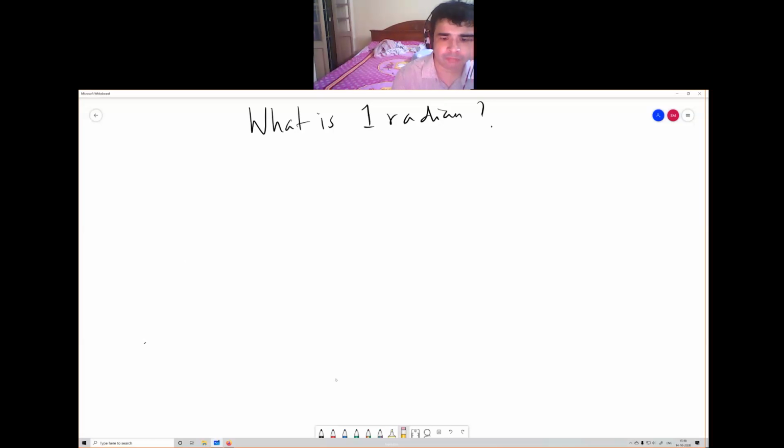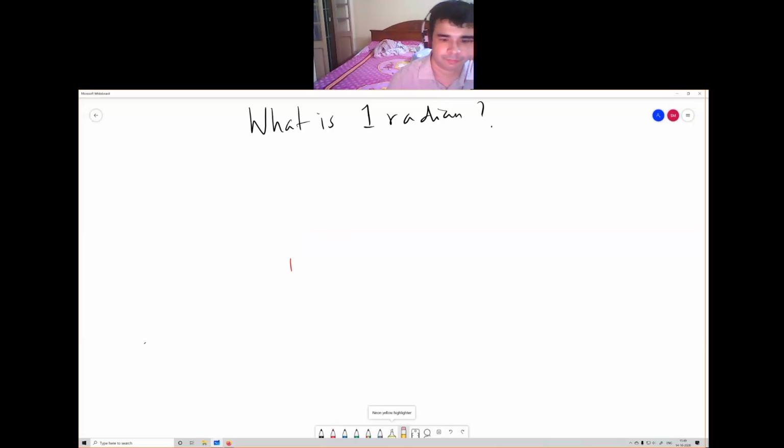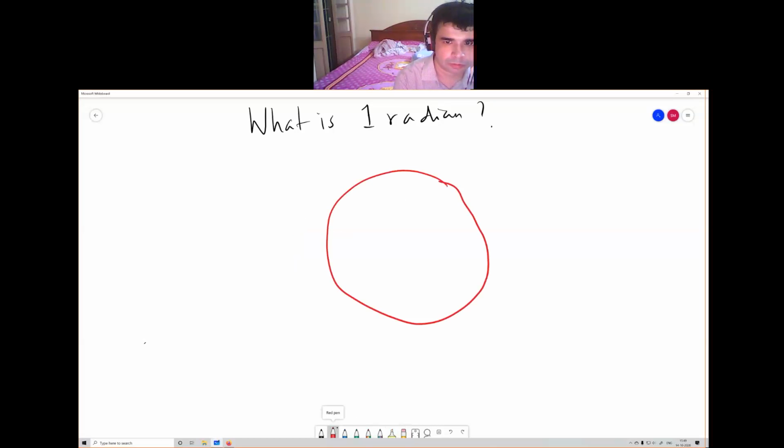Suppose I have got a sphere. Okay, this is the center, right? So I take a patch on the surface and the angle subtended, if I say, is omega.